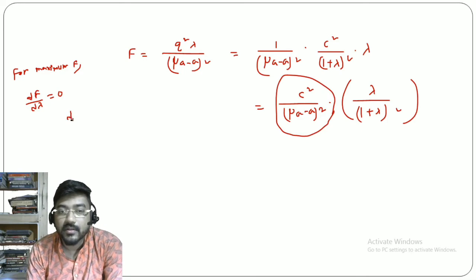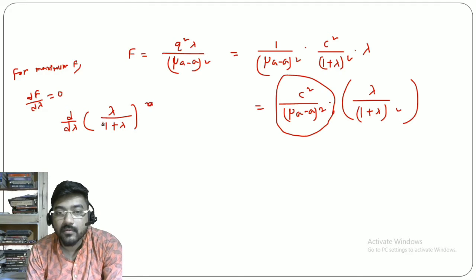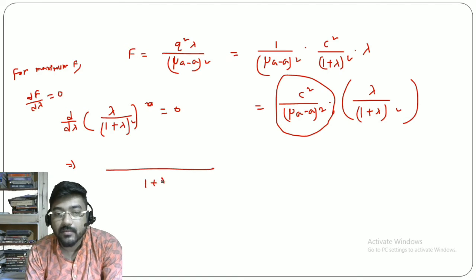So we have the condition d by d lambda of lambda by 1 plus lambda whole square is equal to 0, and that will be 1 plus lambda whole square in the denominator, that is 1 plus lambda to the power 4. The numerator is the unchanged denominator times the differentiation of lambda, which is 1, minus lambda times the differentiation of this, which is 2 into 1 plus lambda, is equal to 0.